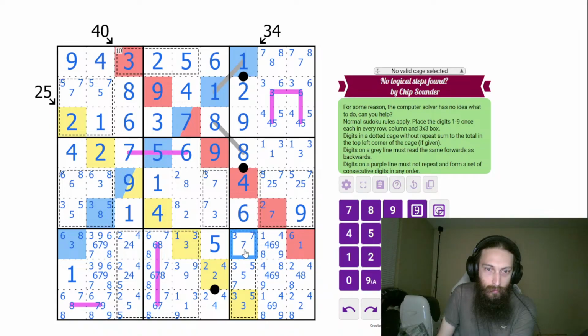Box 9, center script has a 469 triple. 7 makes an 8. Row 7 has a 7 in center script. 4, 6. But I have 2 3s.